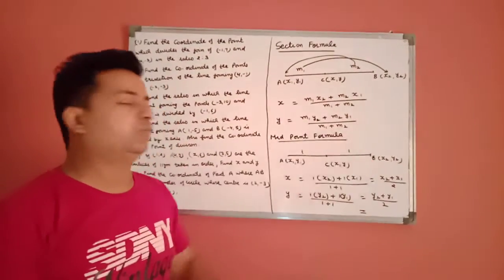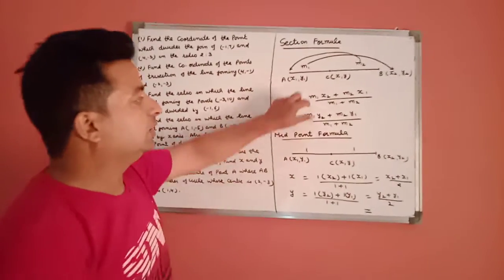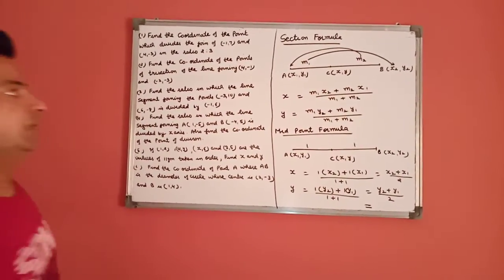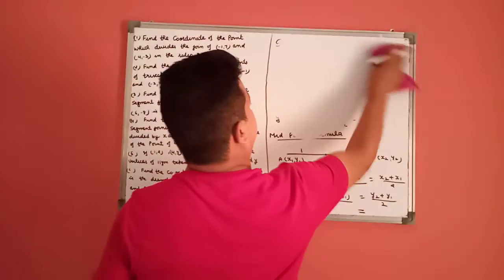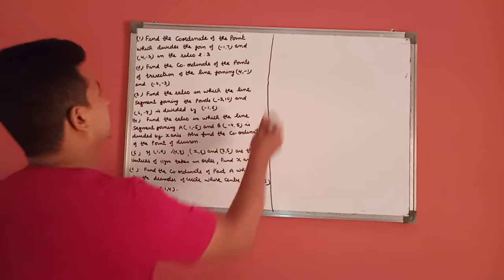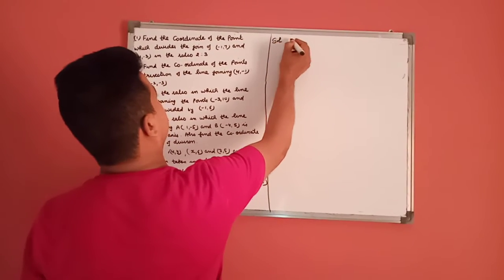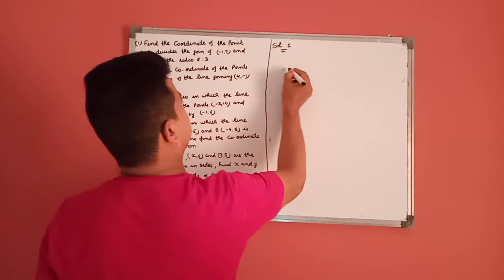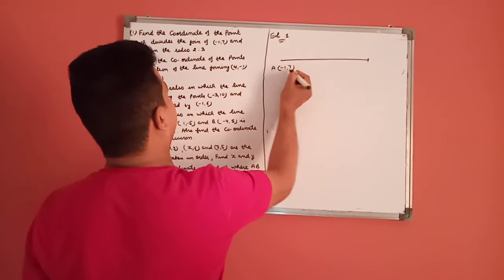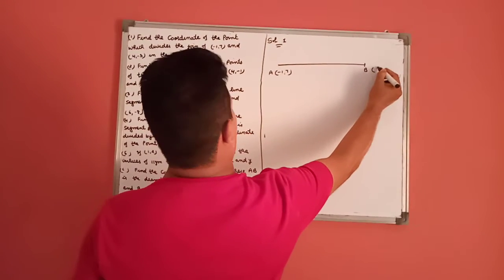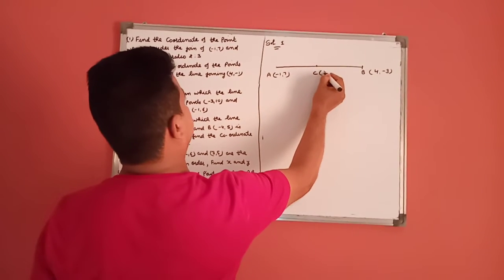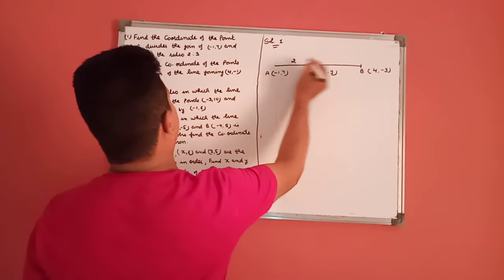These are the two formulas in this exercise. We use these formulas to solve these 6 questions. In question number 1, the statement is: find the coordinate of the point which divides 2 points, one of them is (-1, 7), other is (4, -3), in the ratio 2:3.